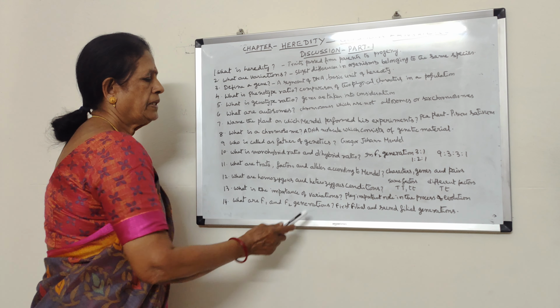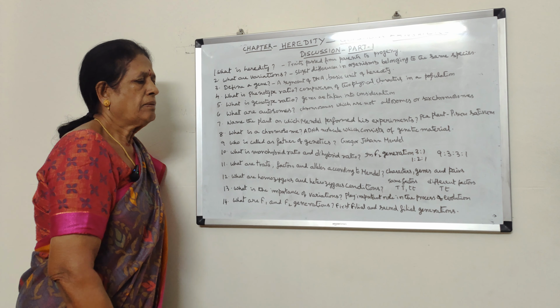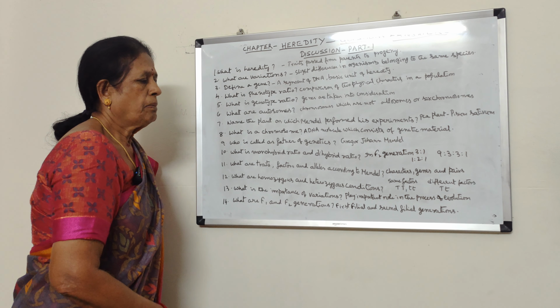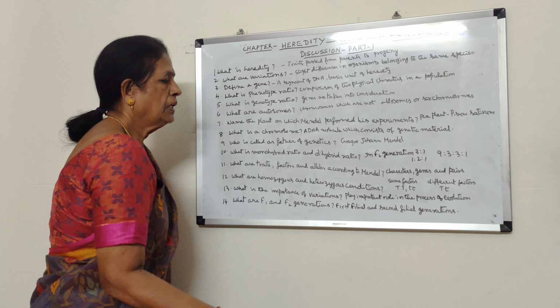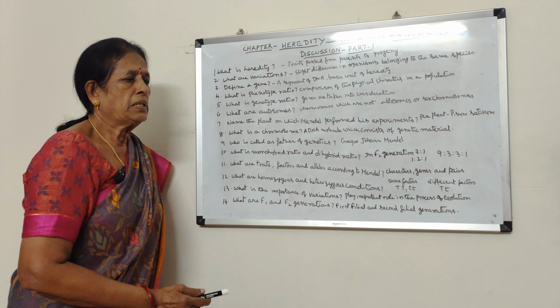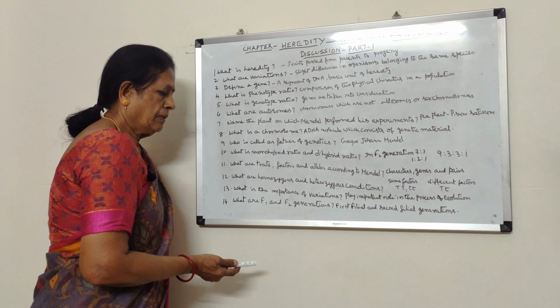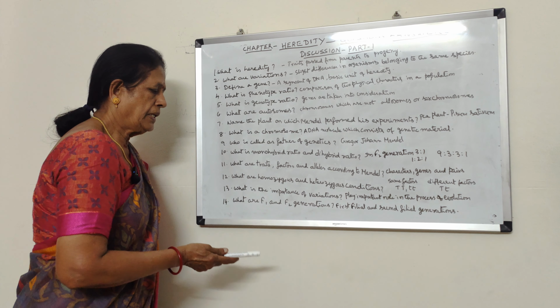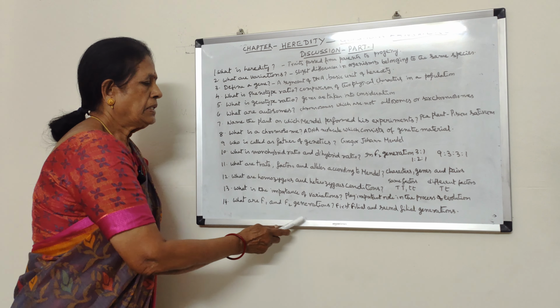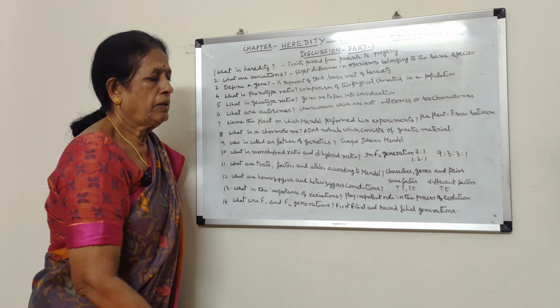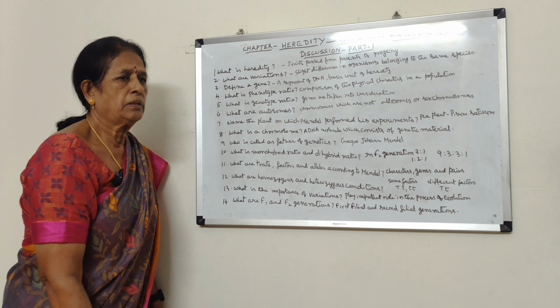What is the importance of variations? Variations are very important in the process of evolution. They play a very important role in the formation of better generations. What are F1 and F2 generations? F1 means first filial generation, F2 means second filial generation.